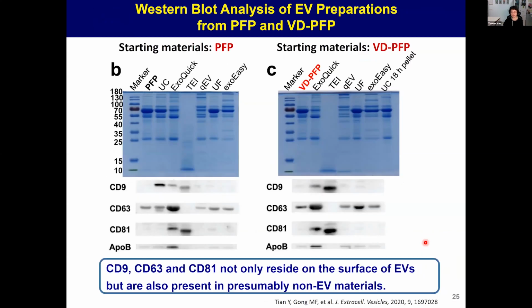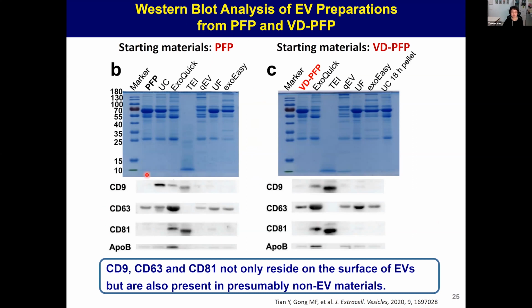And normally, in the published papers or the manufacturer's data sheets showing the performance of the kits, they say their isolates have a very high concentration of those CD markers, which means they have a high recovery of EVs.